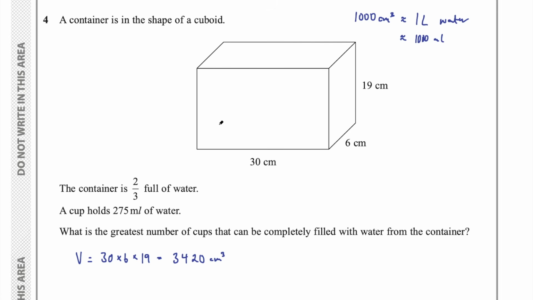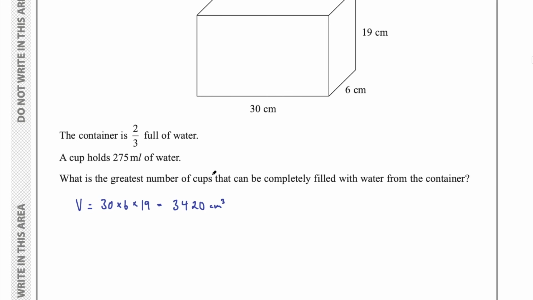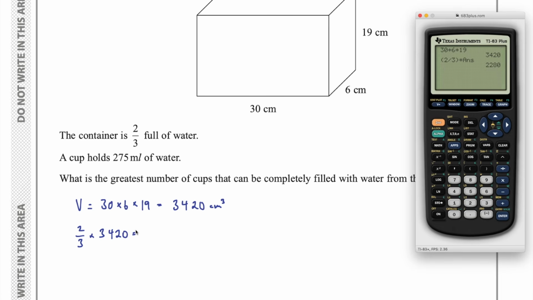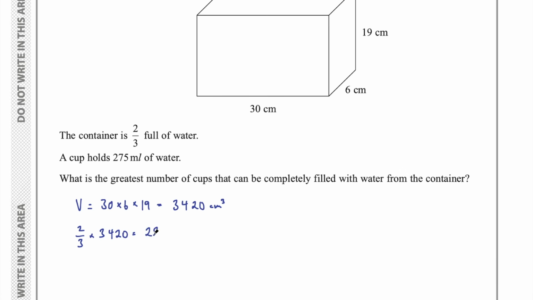And then they tell us that the container is 2/3 full, so we need to find 2/3 of 3,420. So 2/3 multiplied by this amount. Let's see what we get for that. I get 2,280. So we have 2,280 centimeters cubed of water.